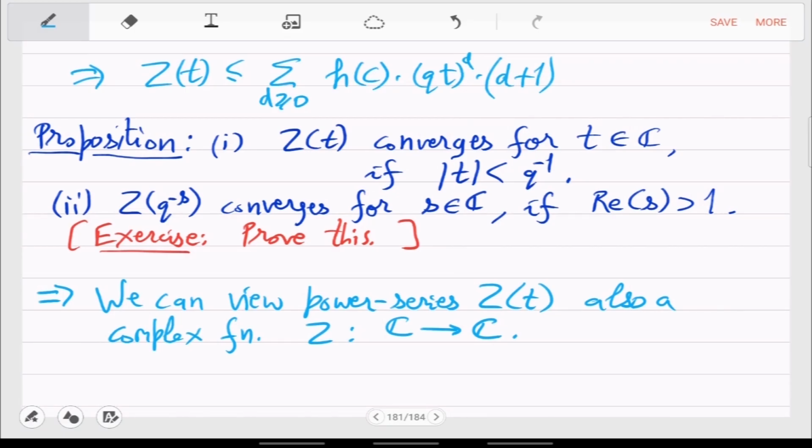It takes complex values and converges to complex values under assumptions on the argument. The domain is not everything, of course. There is some domain, from that domain to the complex numbers.